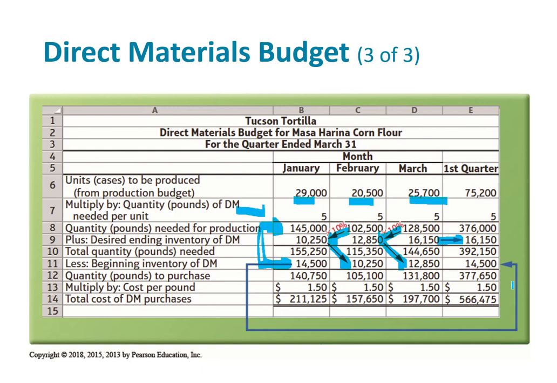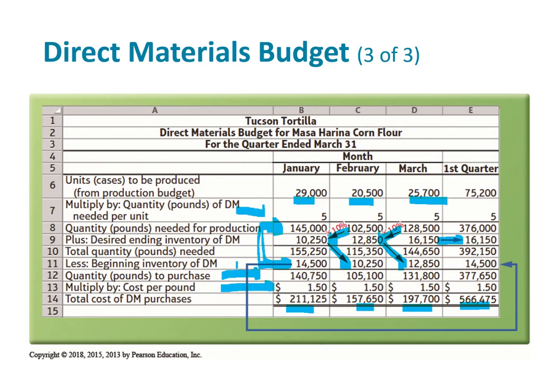The beginning inventory goes back here to January. And now the last step is, these are the pounds that you need. And if you multiply by the cost per pound, now you have the total cost of the direct material that you're purchasing. And this is just adding them all up. This is adding up all the pounds. This is adding up all the costs.